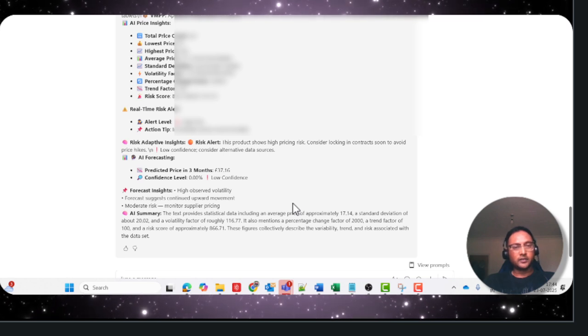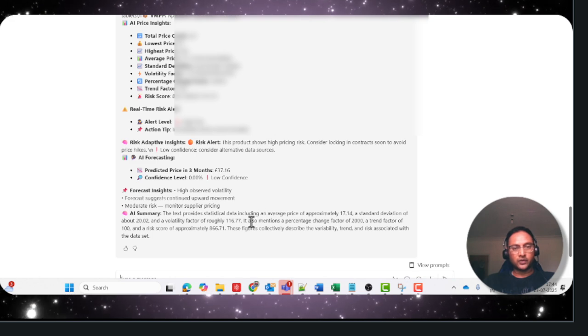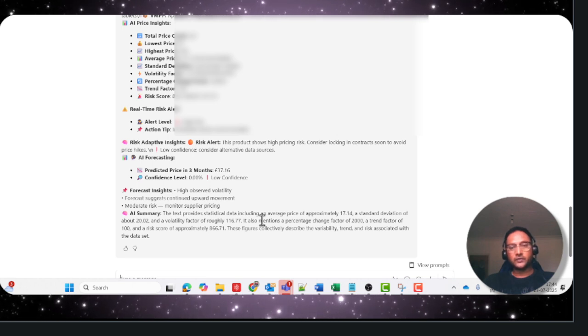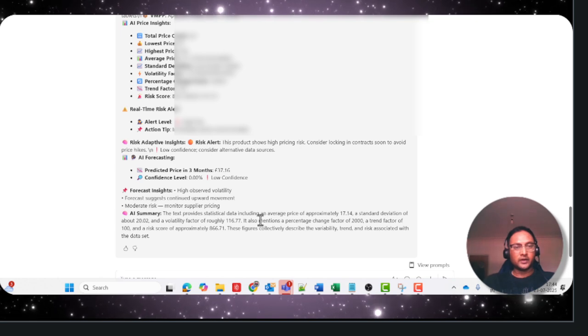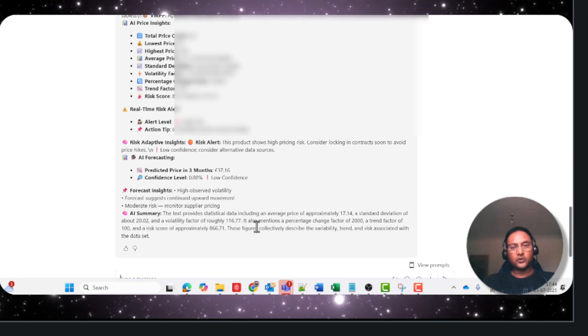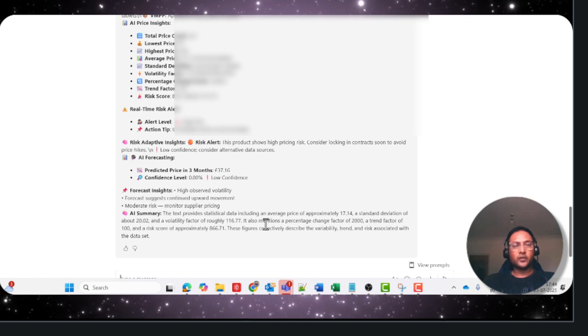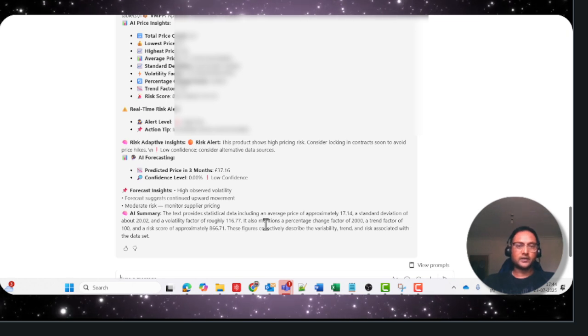And the AI insight gives an overview. The text provides statistical data, including an average price of approximately this value and a standard deviation of about this. It summarizes everything. It also mentions a percentage change factor of 2000.